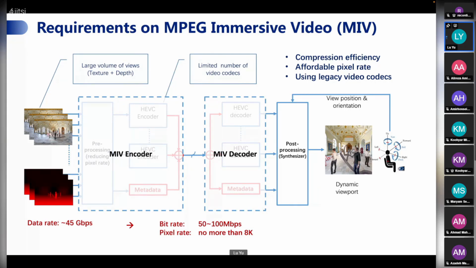It may include texture only multiple views, or texture plus depth multiple views. The main challenge for the application is the higher pixel rate as well as a higher bit rate, because of the large number of views.